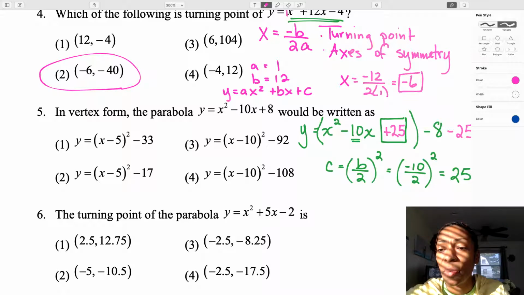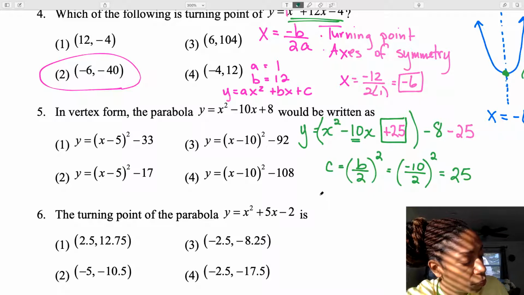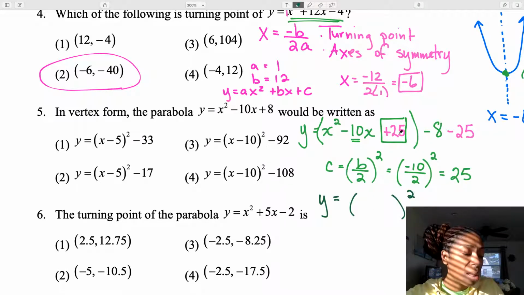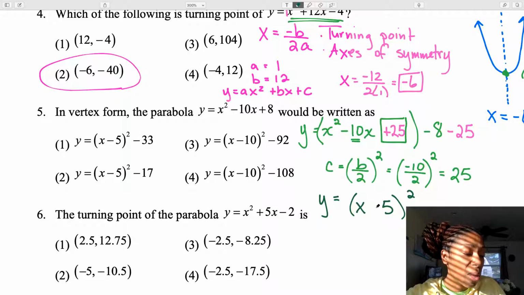What is the binomial that we squared? Well, if our last term is 25, it must have been a 5 as a second term. And the first term is x squared, so it must have been x. What symbol goes in the middle?